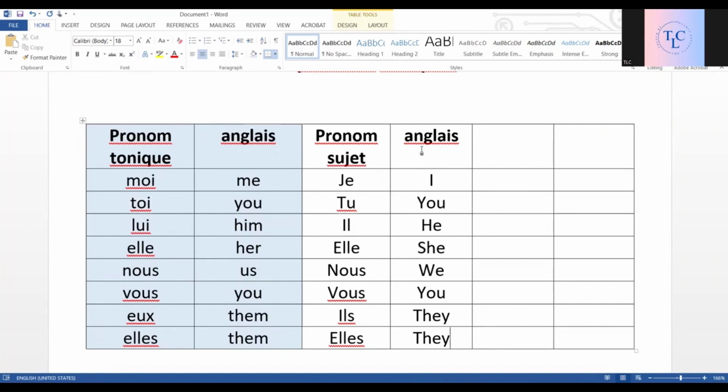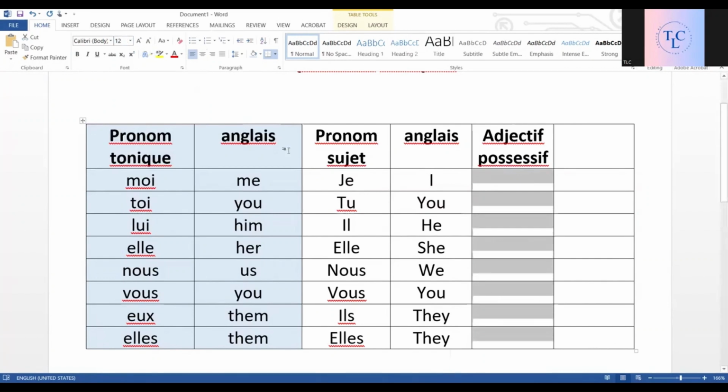Okay. Next, we also need to differentiate pronoms toniques from adjectifs possessifs because that's where people get confused. Adjectifs possessifs are a completely different thing, but if you look at the words, they look similar, so it's important to differentiate.